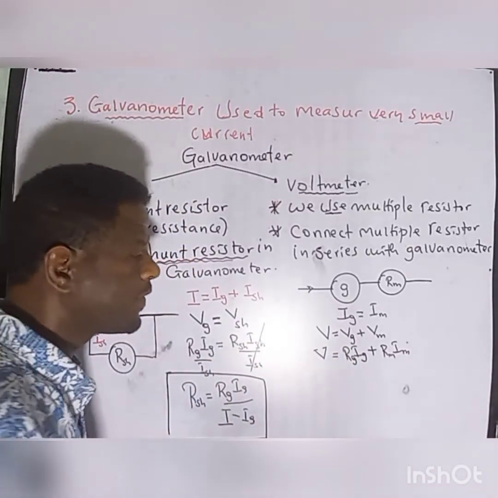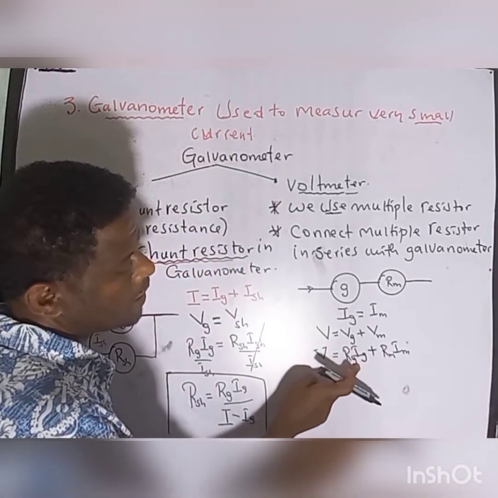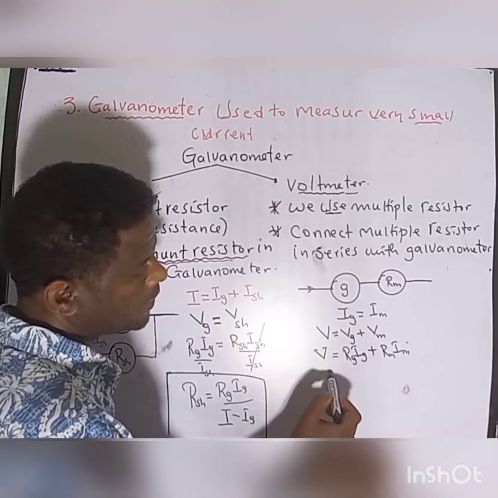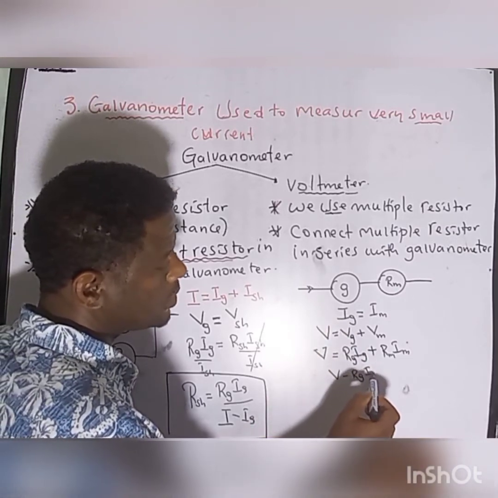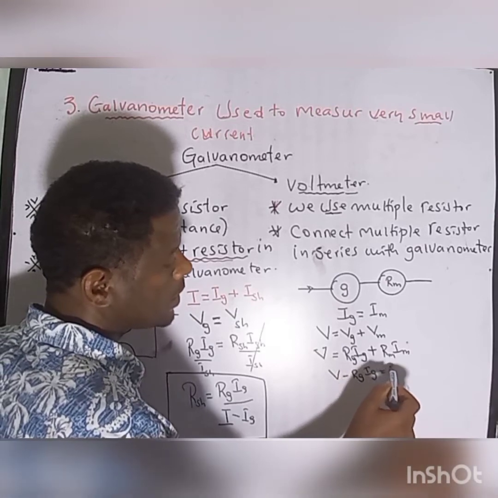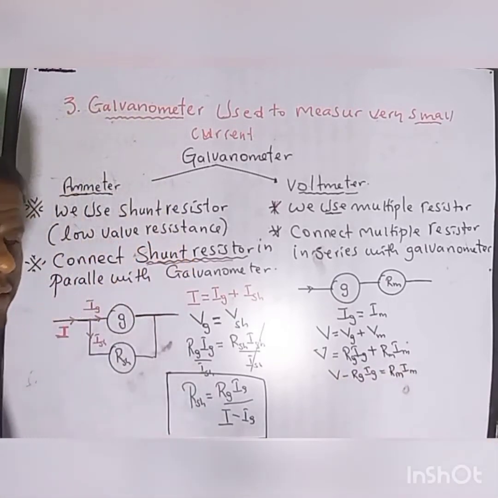To determine the value of the multiple resistor, we shift RG IG to the left: V minus RG IG equals the resistance of the multiplier times the current through the multiplier.